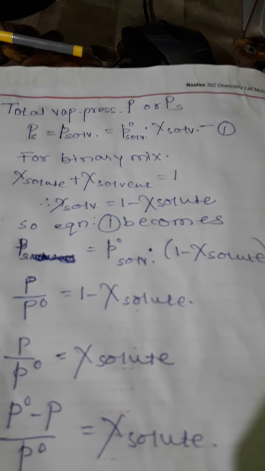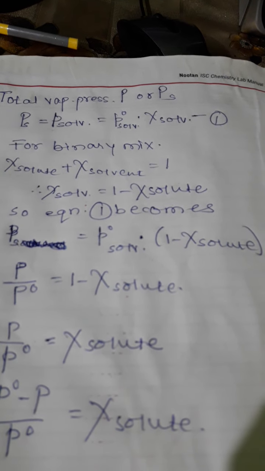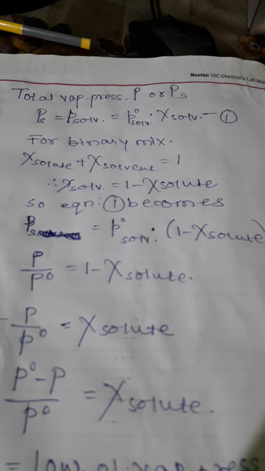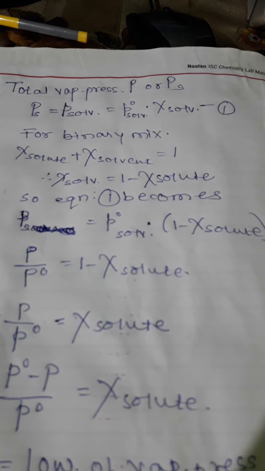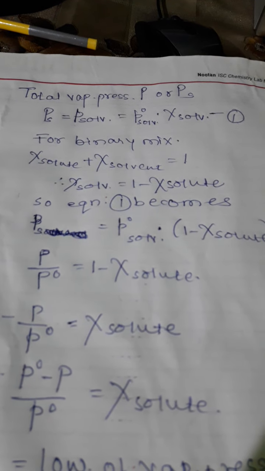Therefore, PS is equal to P of solvent, or it is equal to P naught solvent into psi of solvent, where psi of solvent is the mole fraction of the solvent and P naught of the solvent is the partial vapor pressure of the solvent in the pure state.